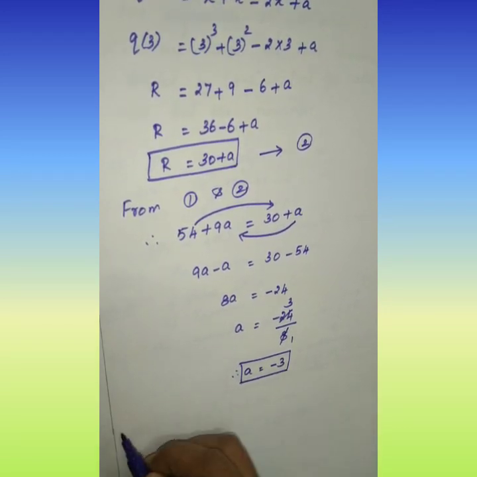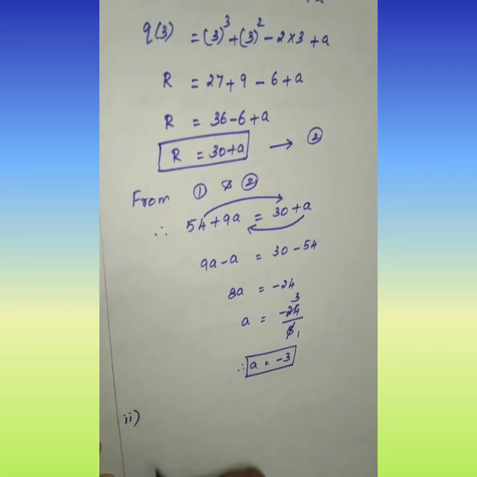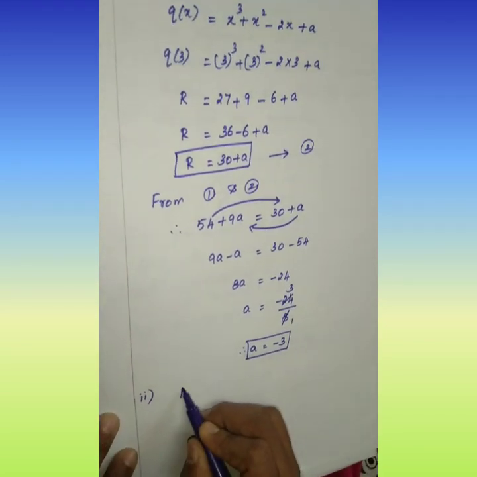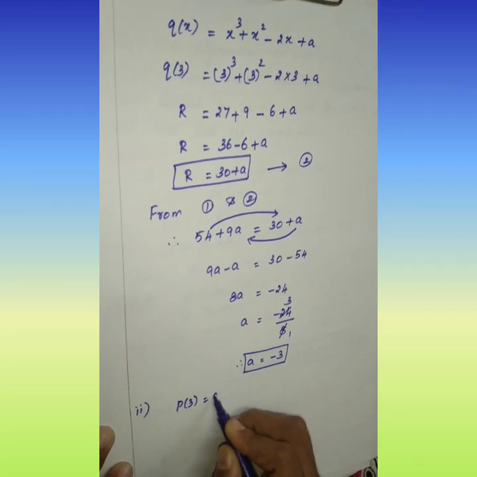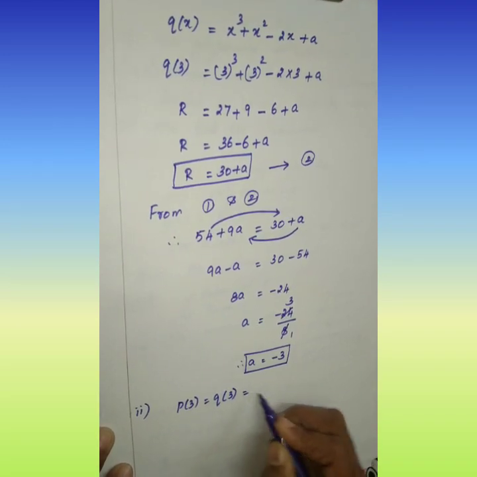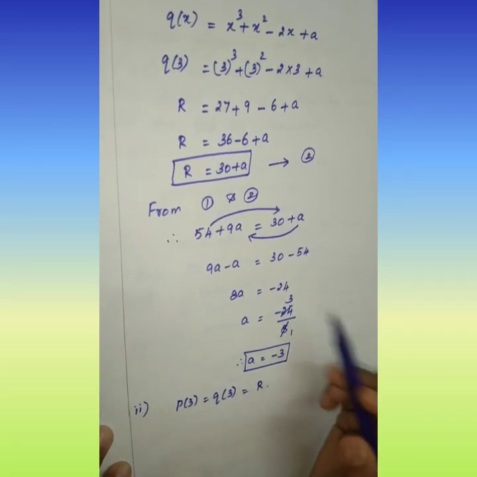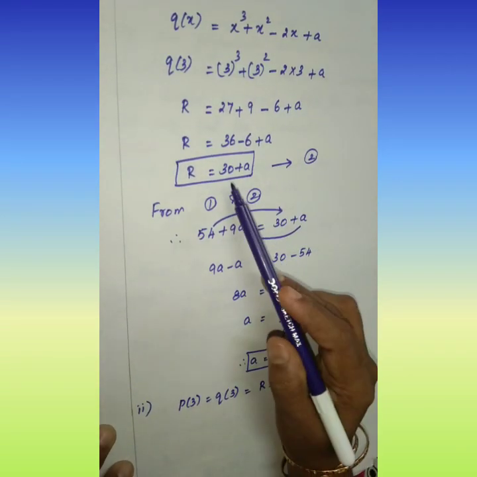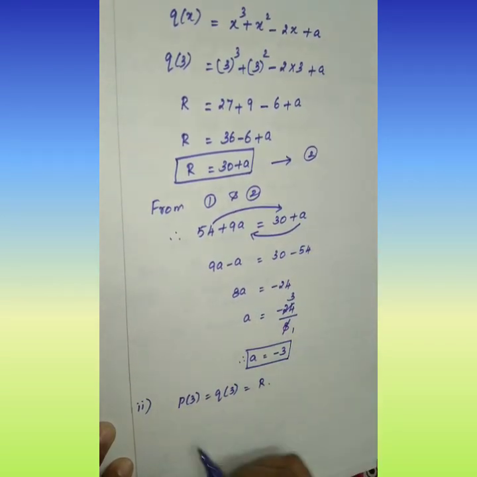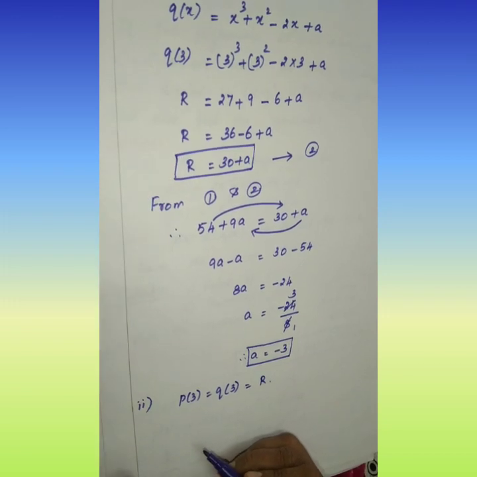Now we are going to find out the value of remainder. So remainder already we have mentioned as P of 3 is equal to Q of 3 equal to R. So we can take any one equation. Here 30 plus a is a small equation, so we can find out the remainder from that.